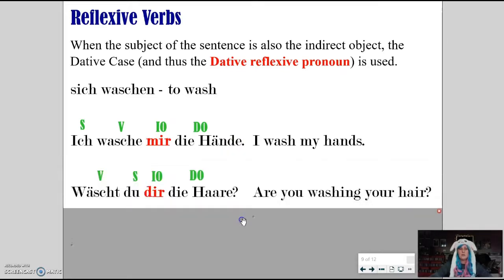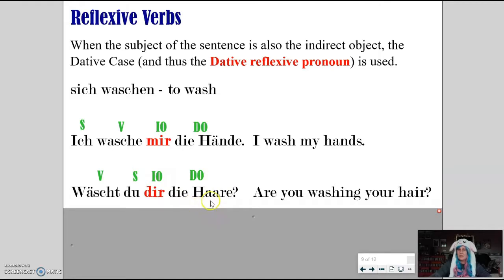As a second example, wäschst du dir die Haare? Are you washing your hair? We have wäschst du as our verb and subject. Our direct object, are you washing? What are you washing? The hair. Whose hair is this? You are the indirect object here, so dir, wäschst du dir die Haare? Are you washing your hair?